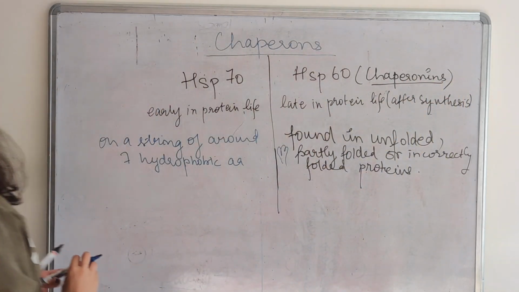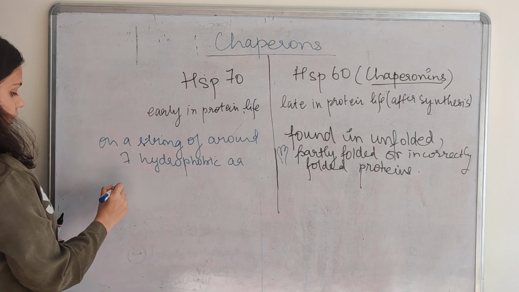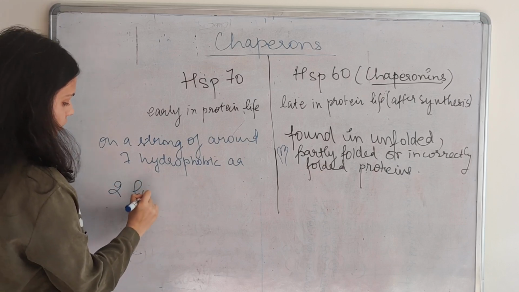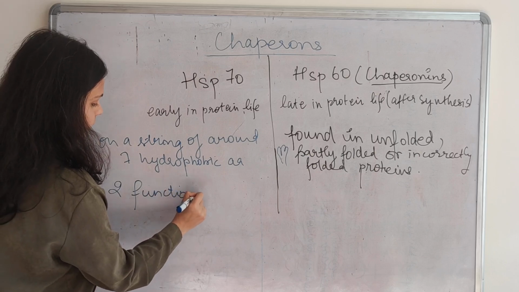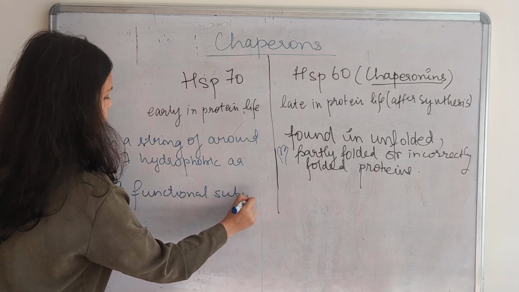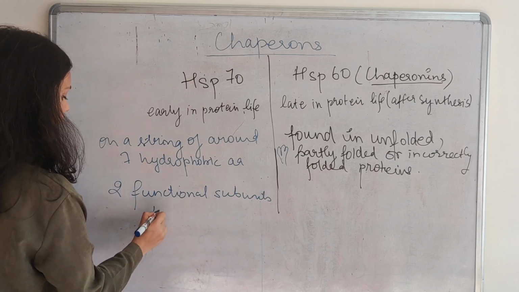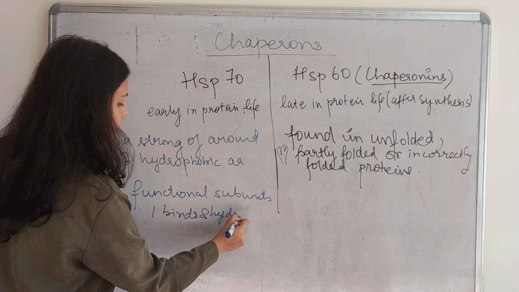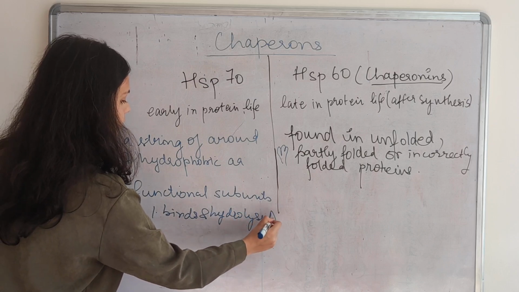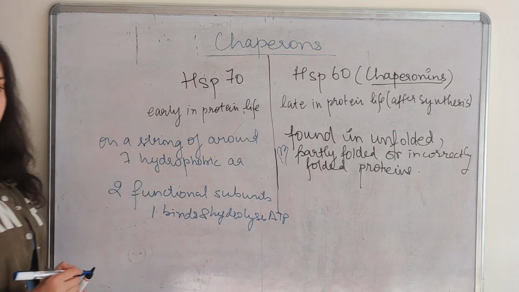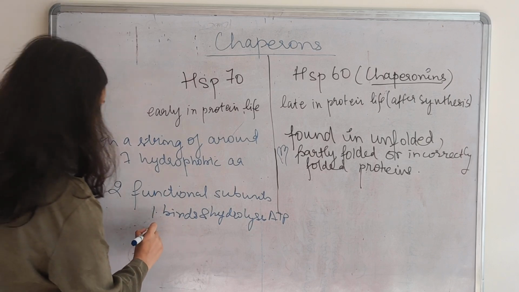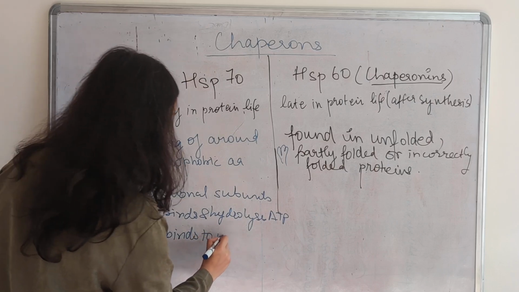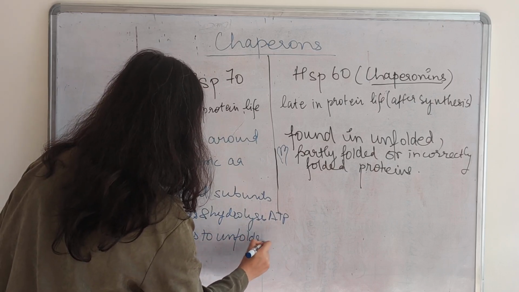The HSP70 has 2 functional subunits. One binds and hydrolyzes ATP, that helps in hydrolysis of ATP, and the second binds to unfolded proteins.